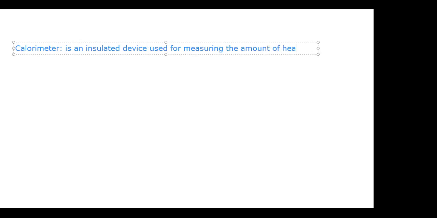So a calorimeter is an insulated device used for measuring the amount of heat absorbed or released during a chemical or physical process.